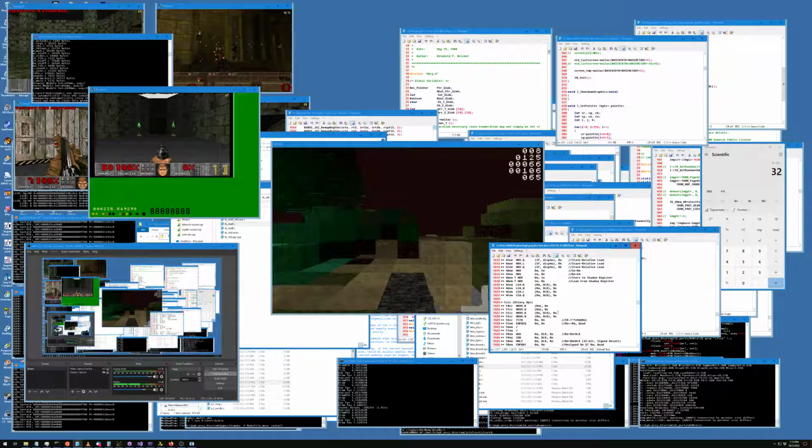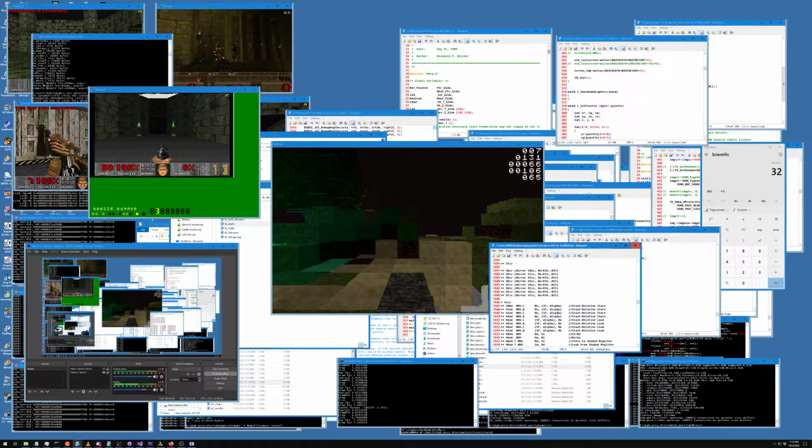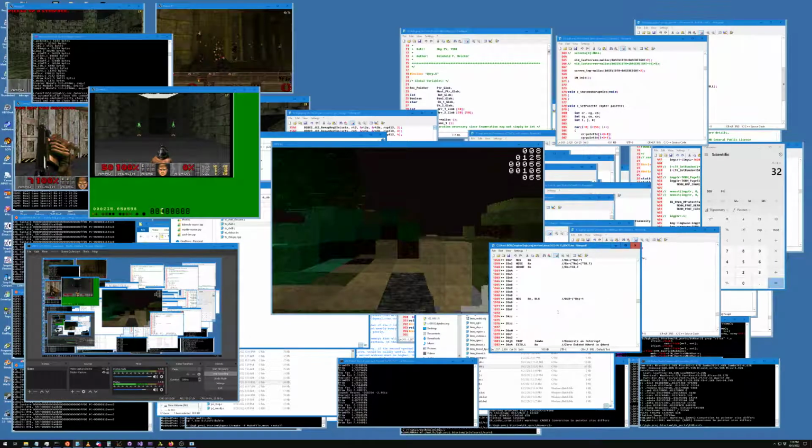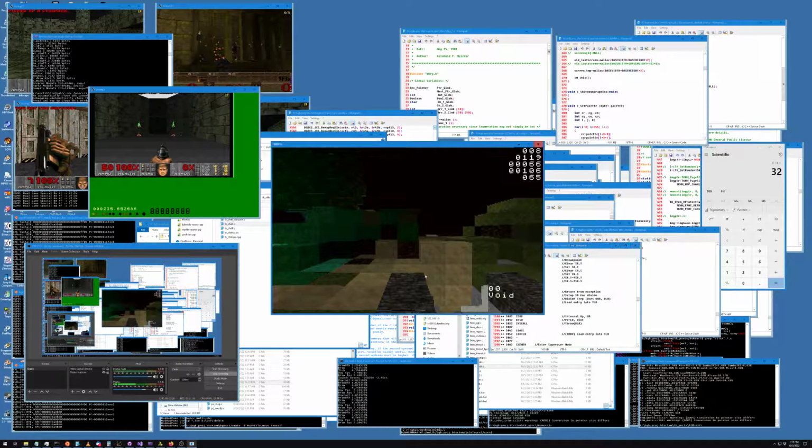Other than that, most of the recent changes have more been stuff on the software side of things and working on improving the performance of stuff compiled by my compiler.